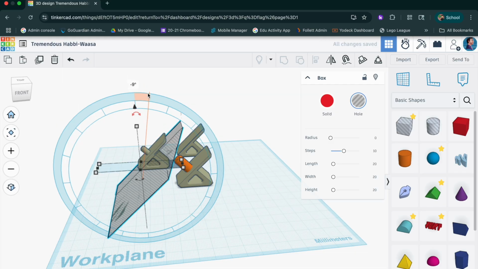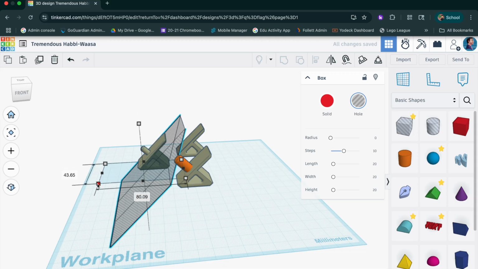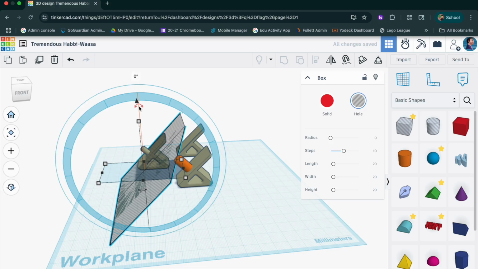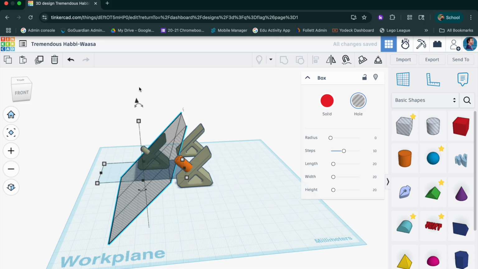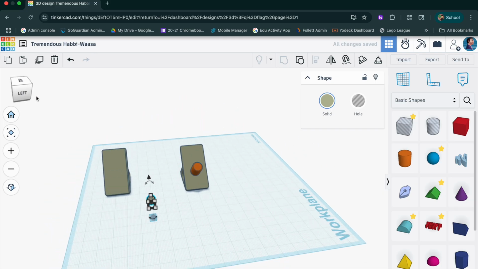That nice and lined up. Pull that over. There we go. Now I have just that.